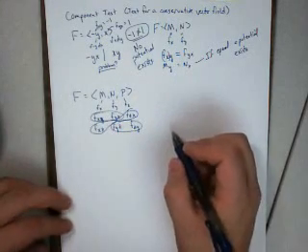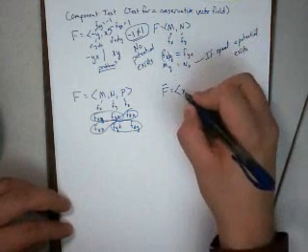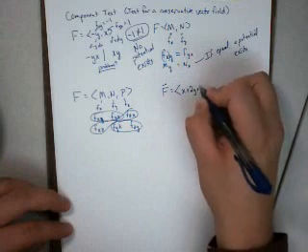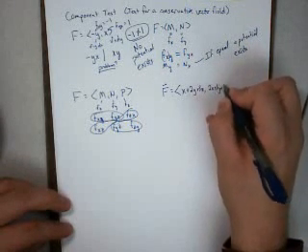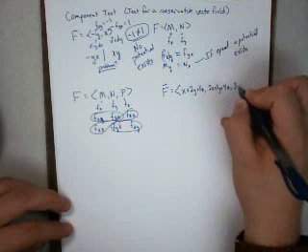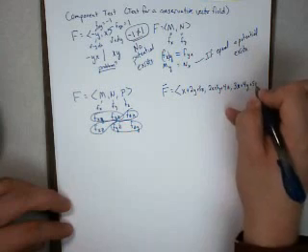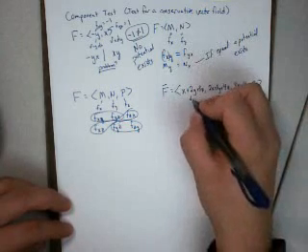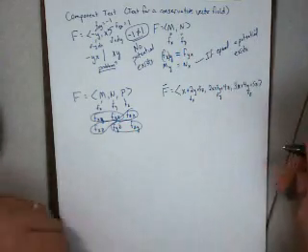Let's look at that with an example. Let's suppose our vector field is x plus 2y plus 3z, 2x plus 3y plus 4z, and 3x plus 4y plus 5z. This should be f_x, this should be f_y, and this ought to be f_z if a potential exists.